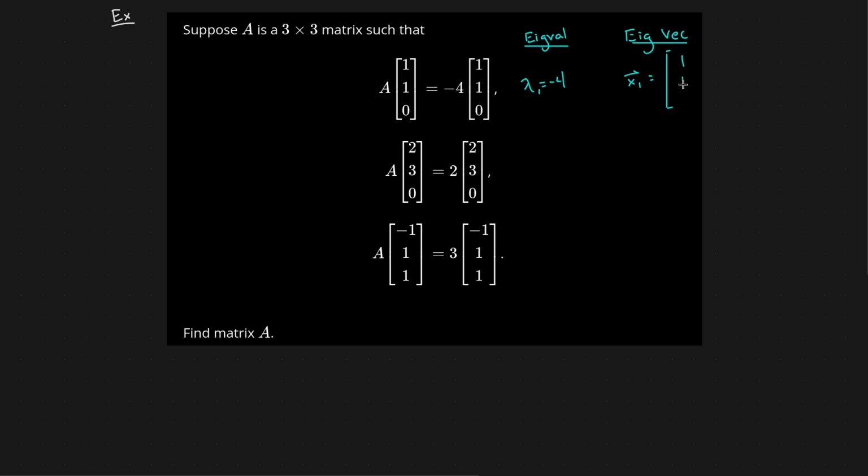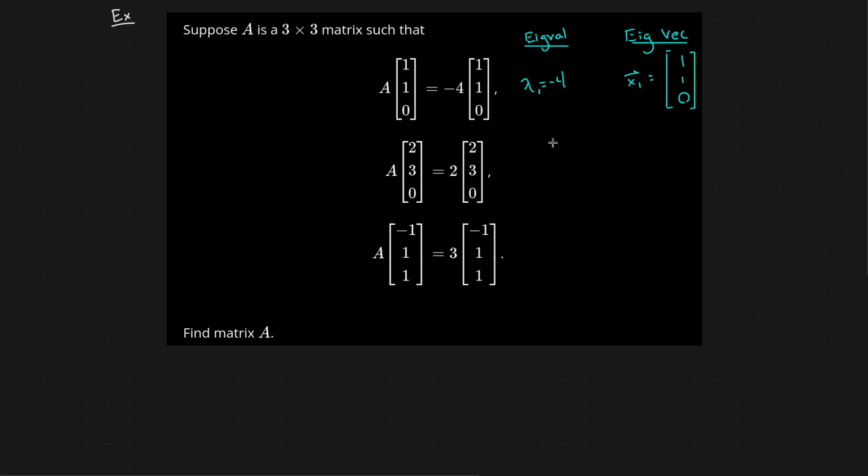And notice that's going to be the same for every statement here. The vector on the left-hand side and the right-hand side of the equation in each case is the same, which means that we are dealing with an eigenvector in each case, because A times the vector is just equal to a scalar times the vector. We're just scaling the vector, which means it's an eigenvector.